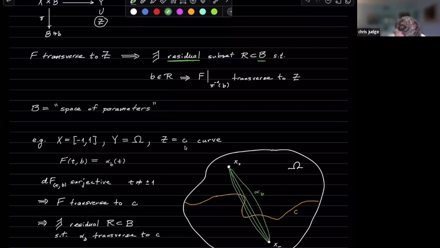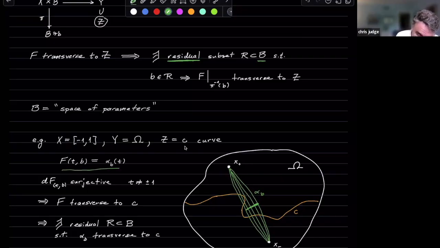These are curves that join x plus and x minus. And if I use an interval, I can parameterize these by this parameter b.